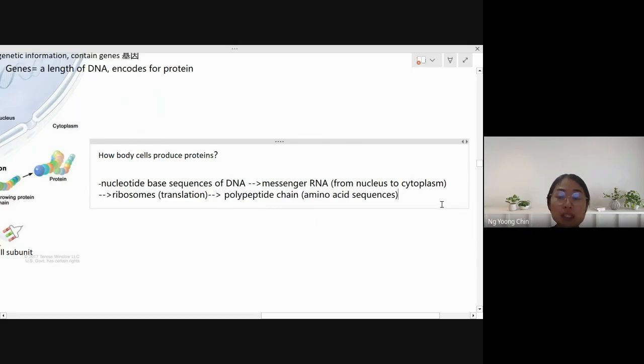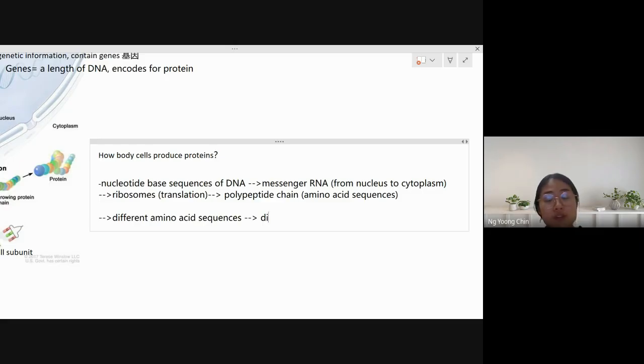So different amino acid sequences will create a different protein structure, because protein structure is created based on the sequence. Structure or shape has a similar meaning.